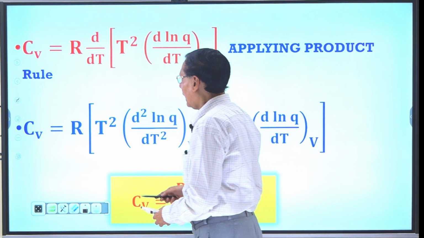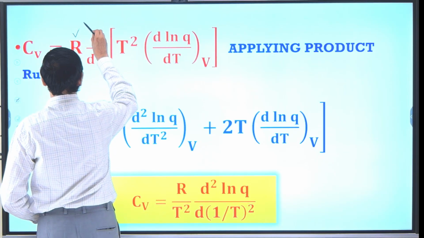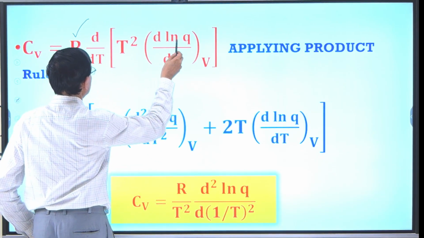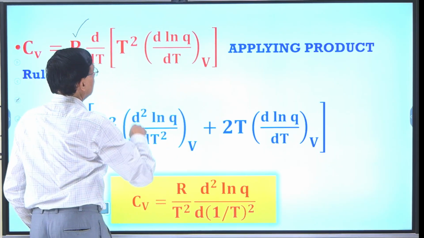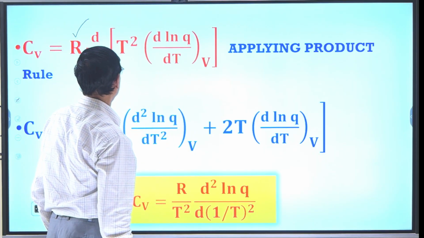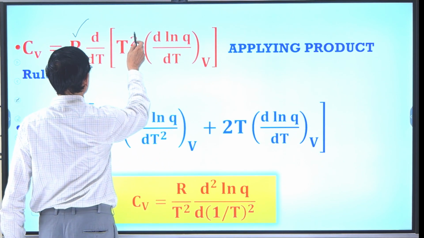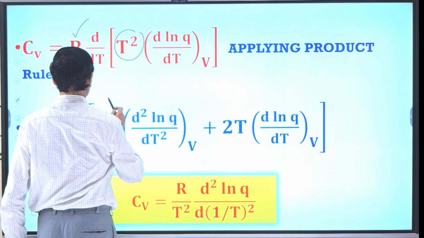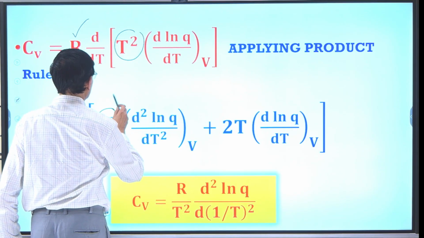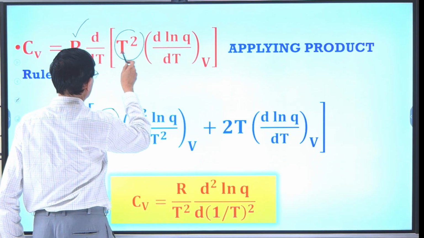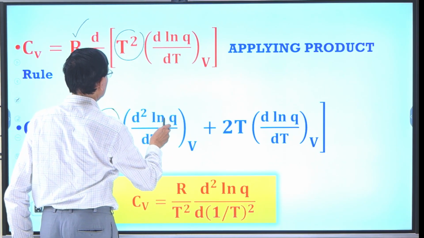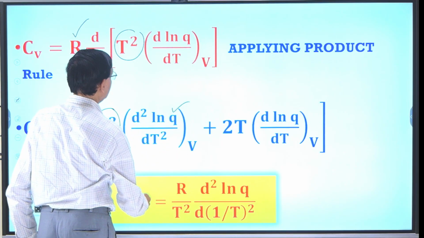So you know that R is a constant. I have to just apply the product rule. The first part, T square, into differentiation of second with respect to d by dT, so del square natural log of Q by dT square.